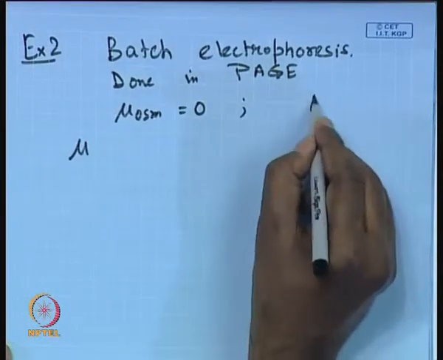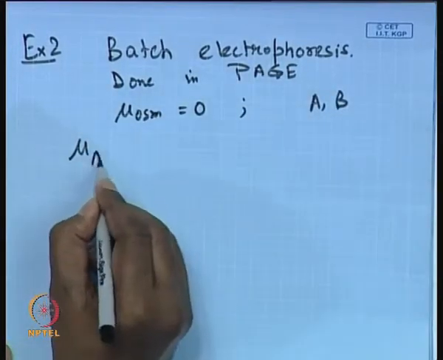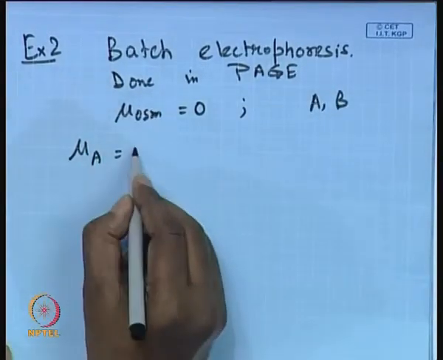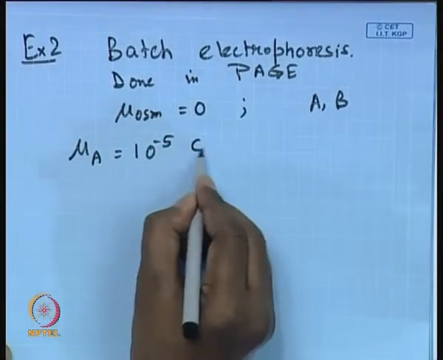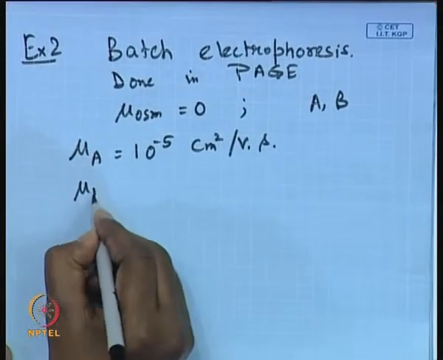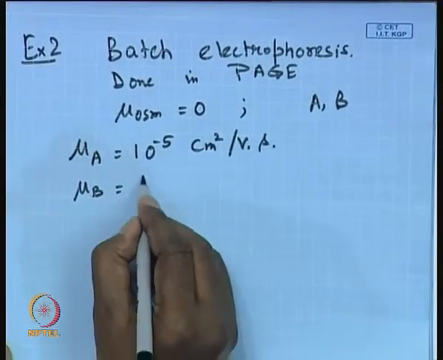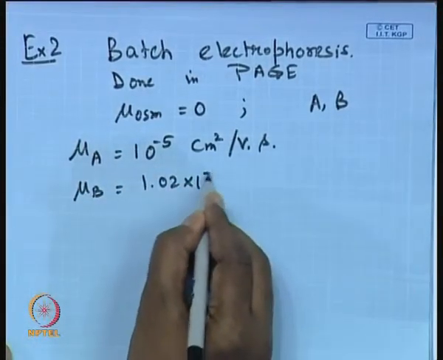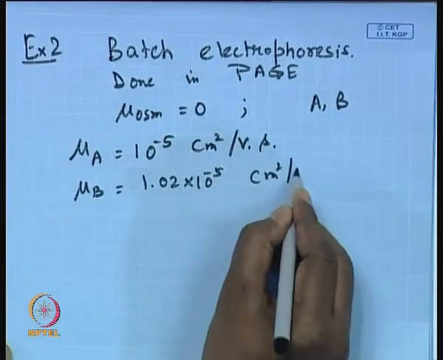Again you have two proteins, A and B. The mobility of protein A is 10 to the power minus 5 centimeter square per volt per unit time, and that of B is 1.02 into 10 to the power minus 5 centimeter square per unit volt per unit time.